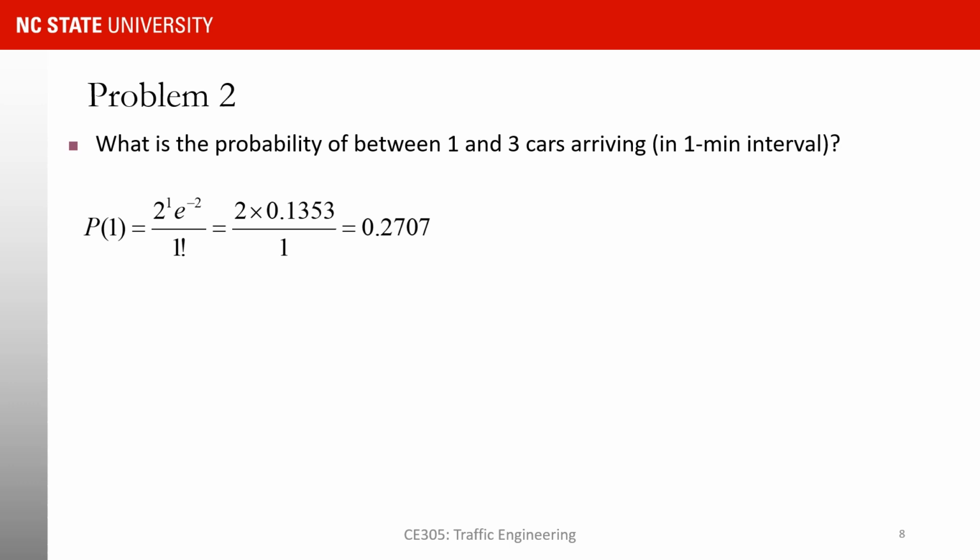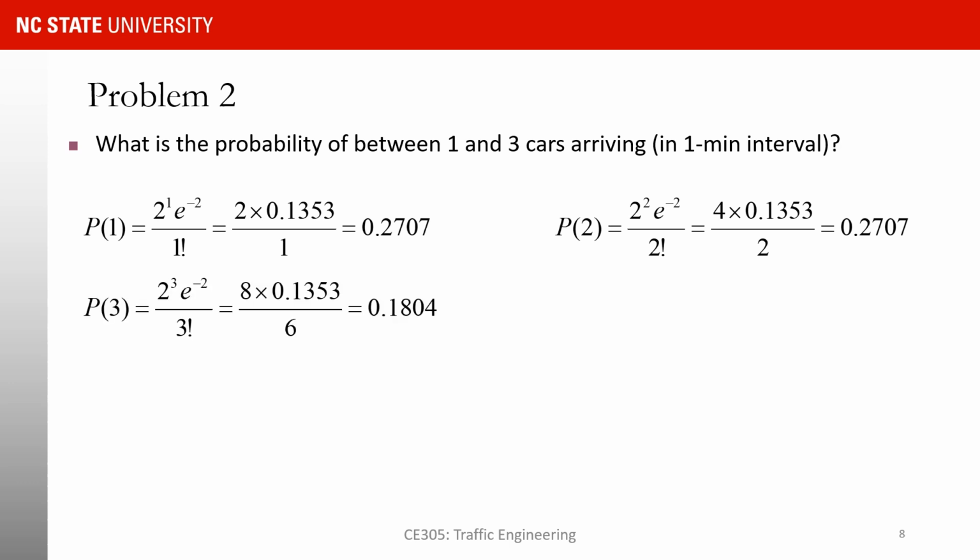So the probability of having 1 vehicle is 2 to the power of 1 times e to the negative 2 over 1 factorial, so it's 0.2707. Probability of having 2 vehicles, we just put the values into the equation. For n equal to 2, you find it.